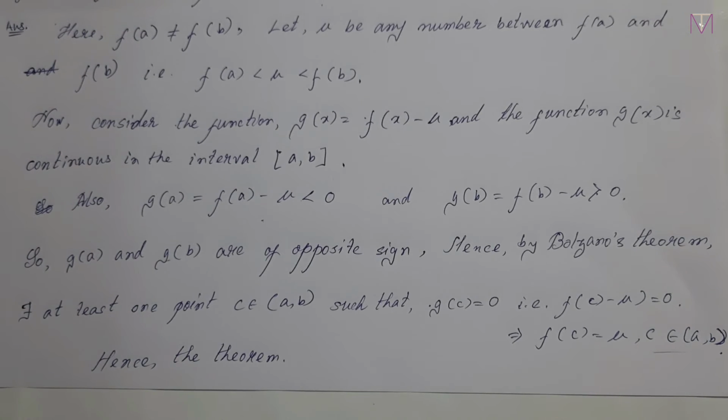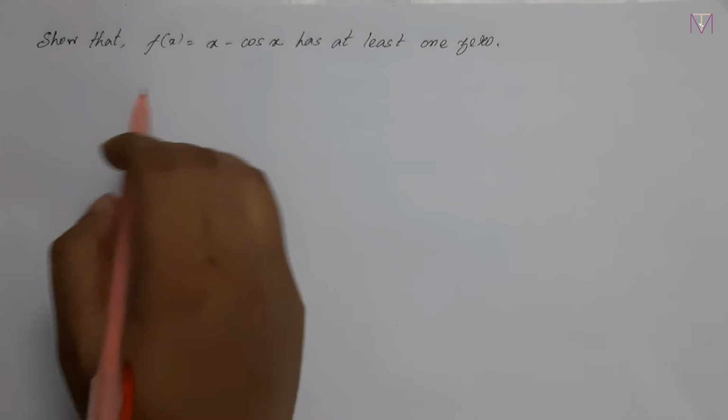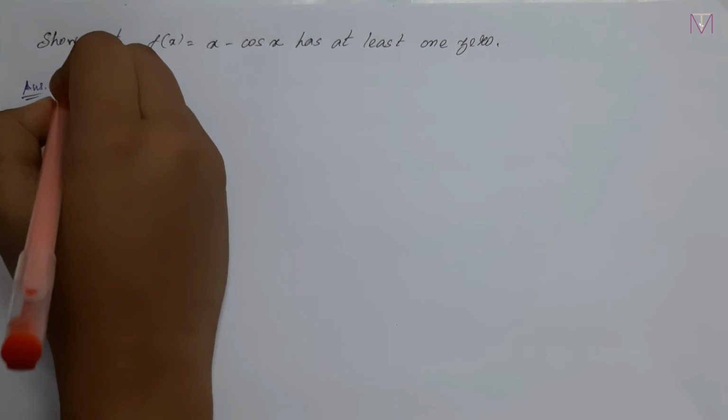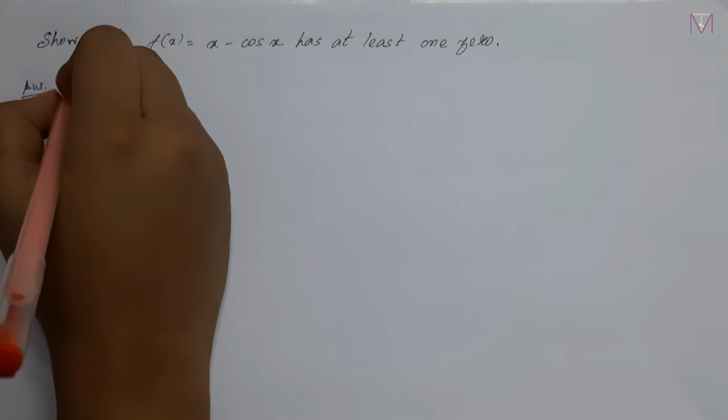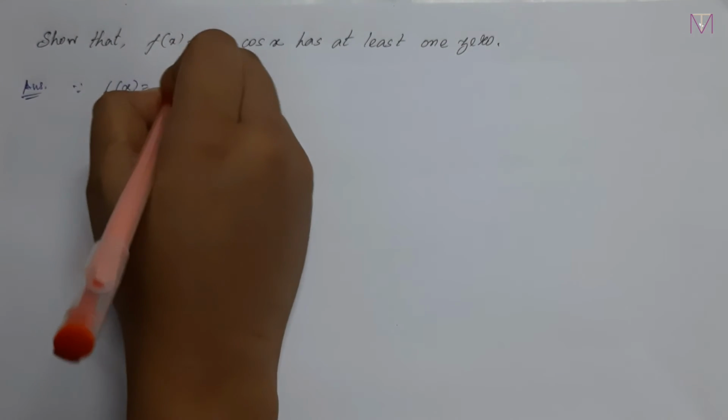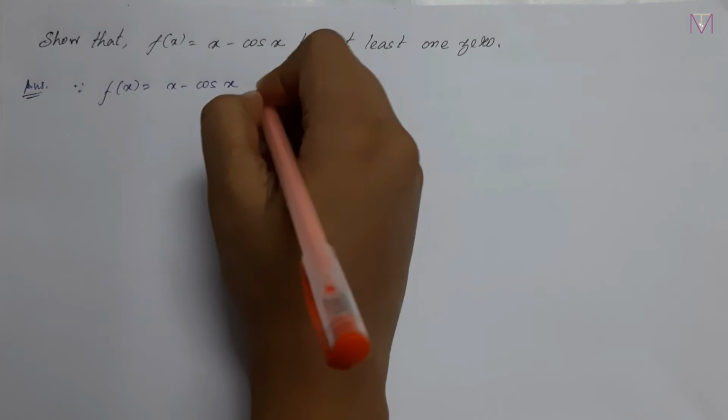Now let's take an example with the help of the intermediate value theorem. Okay. This is the question: show that f(x) equal to x minus cos x has at least one zero. So let's try to solve this. Here f(x) is equal to x minus cos x.